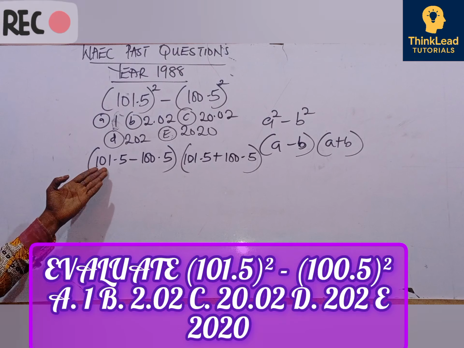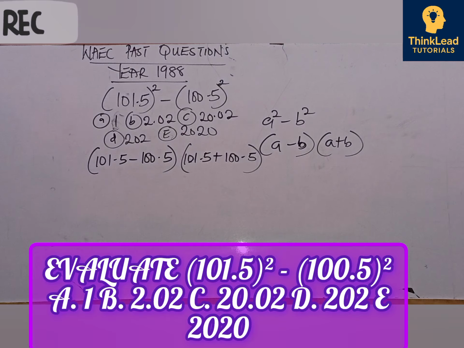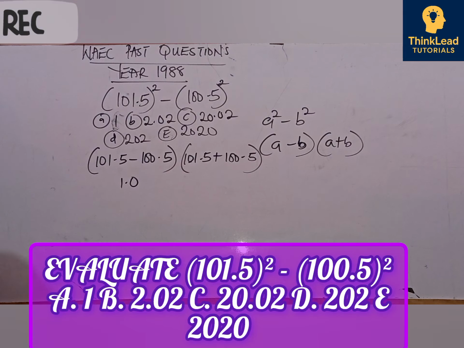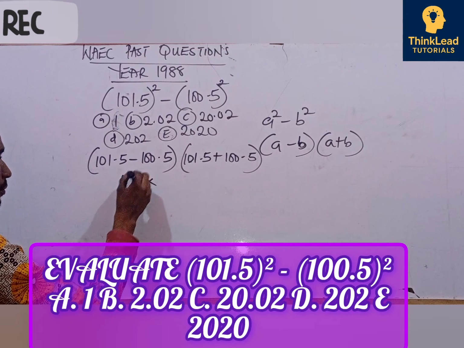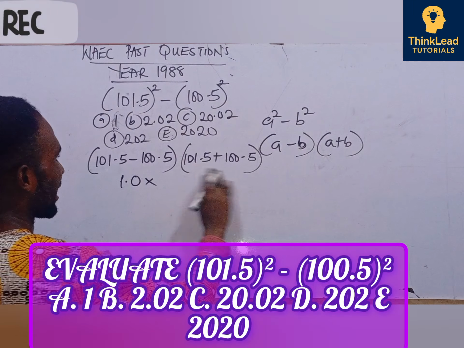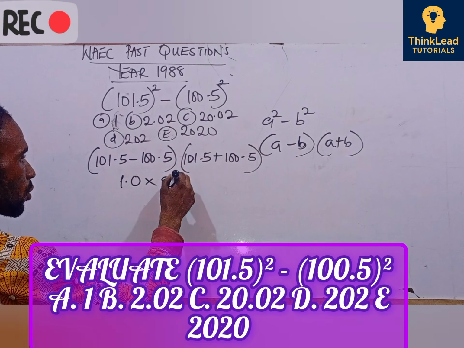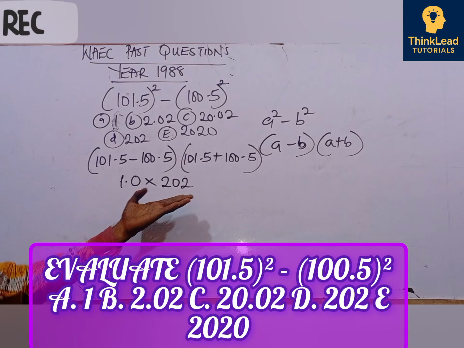Now we have 101.5 minus 100.5. What do we get? Of course, we should be getting 1.0, or we say 1. We are still saying the same thing. Then 1.0 multiplied by, now when I add these two, we should be getting 202.